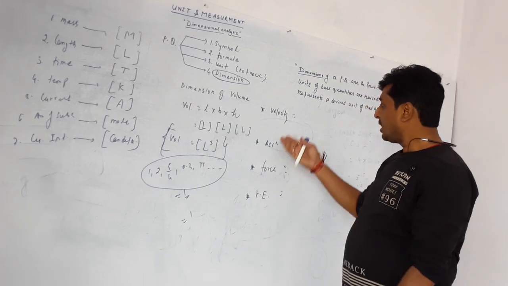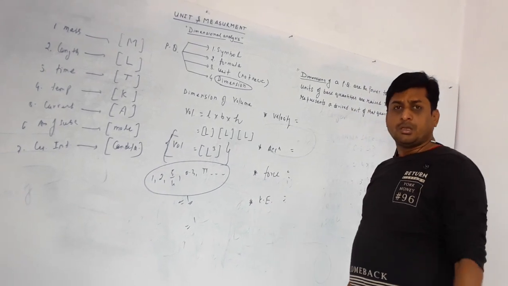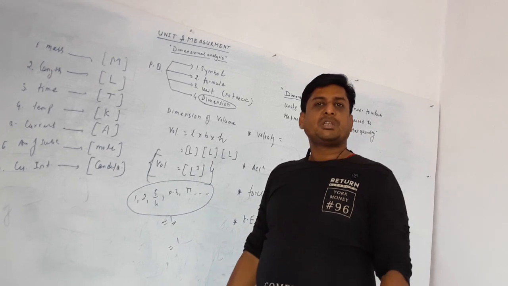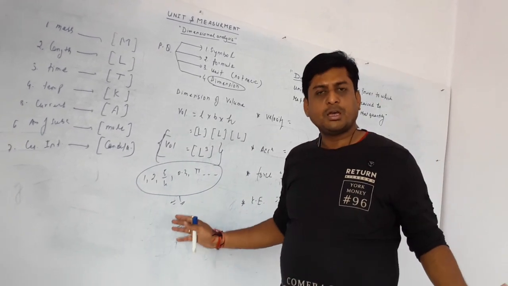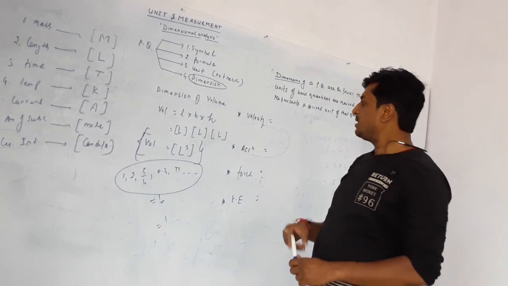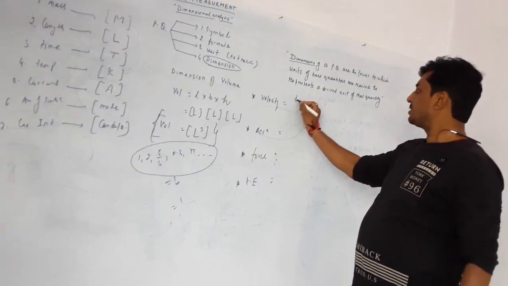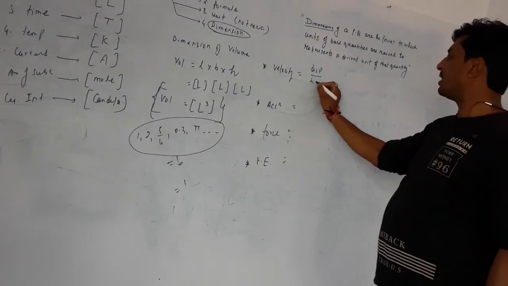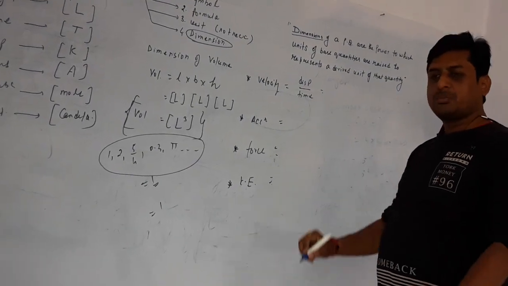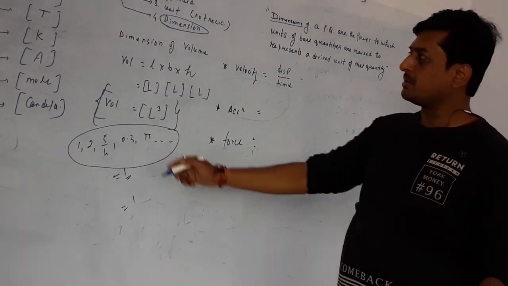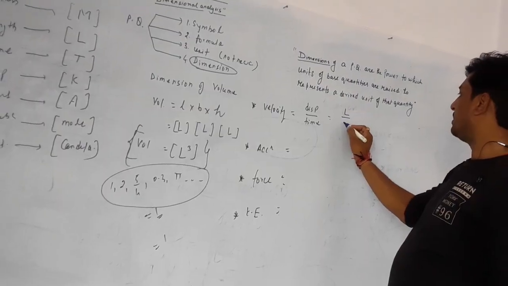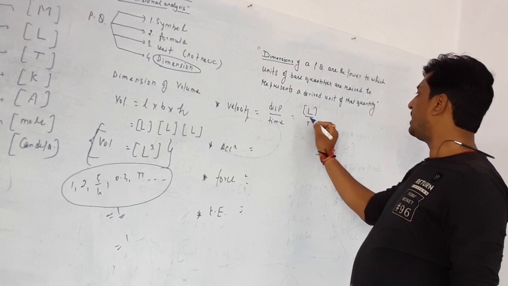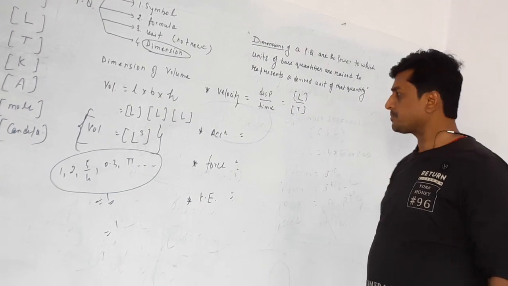Now the question is, how will we calculate dimension? During the calculation of dimension, we should know the formula of that physical quantity. If we don't know the formula, we cannot calculate. Like velocity. Velocity is displacement upon time. All of you know. Displacement is measured in the form of length. So the dimension of length is L. So we write here L, we write here T. Because you are writing dimension, put the brackets.